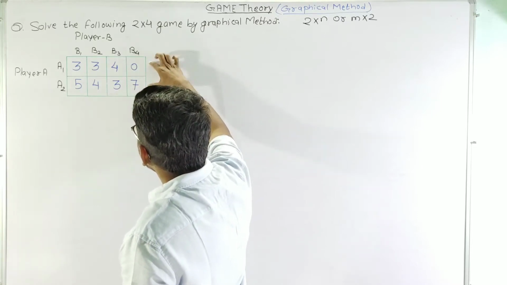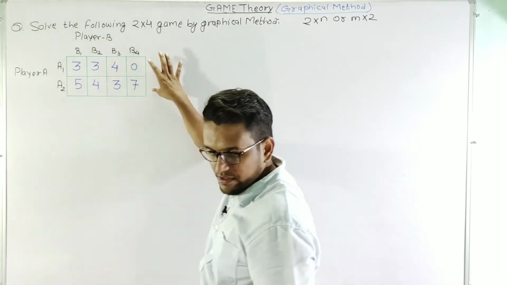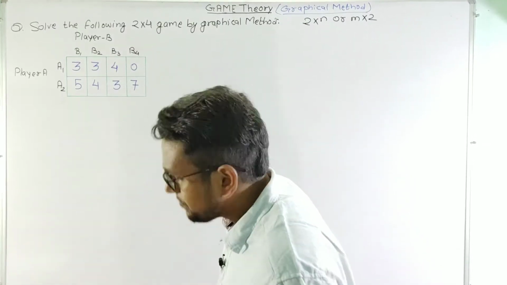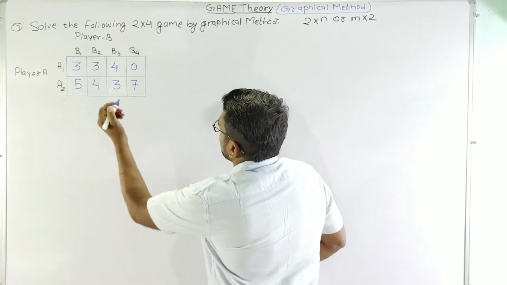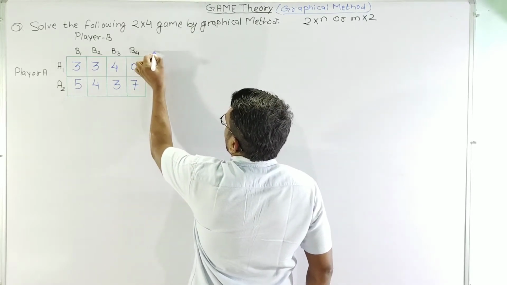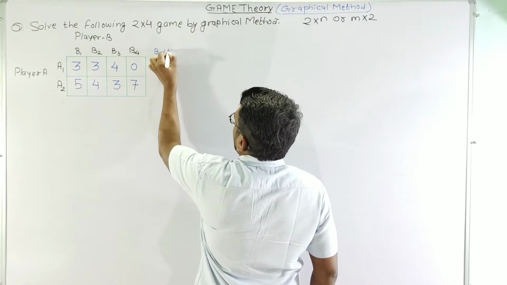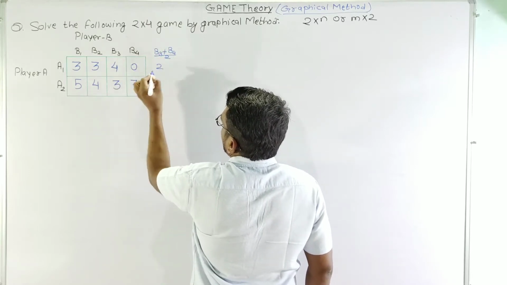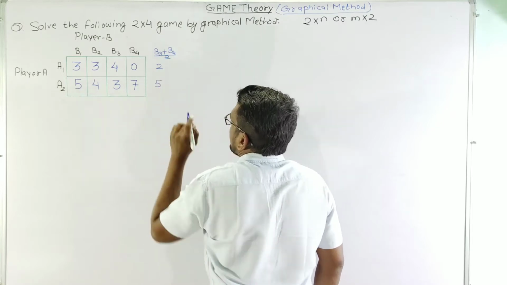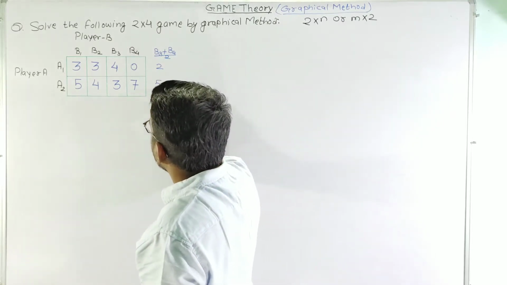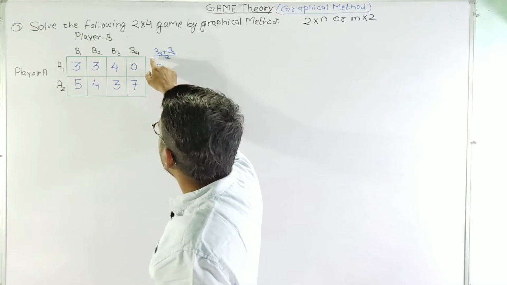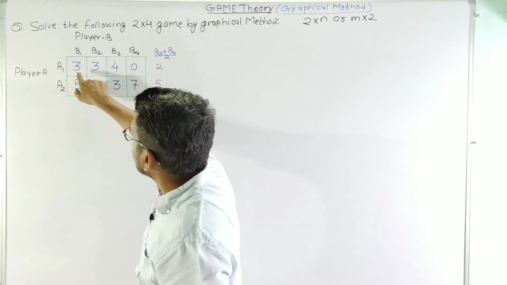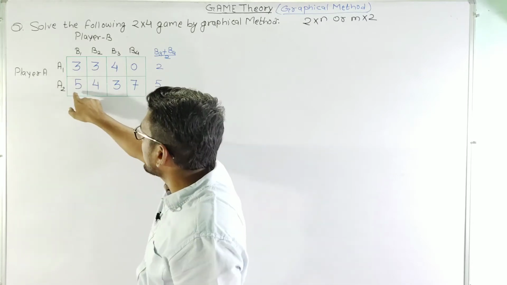So this will be 2 and this will be 5 if we consider the average values, that is B3 plus B4 by 2. Now if we compare B1 with the average of B3 and B4, we can see that 2 is less than 3 and 5 is equal to 5.